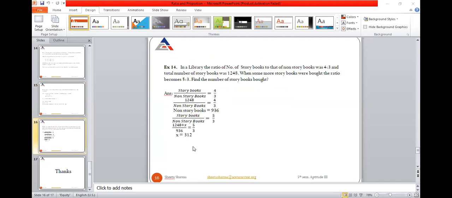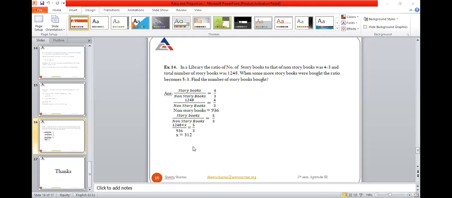The last question. In a library, the ratio of number of story books to that of the non-story books was 4:3. First of all, we are given the ratio that in the library, the ratio of number of story books to that of the non-story books was 4:3.